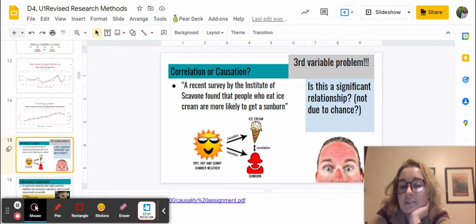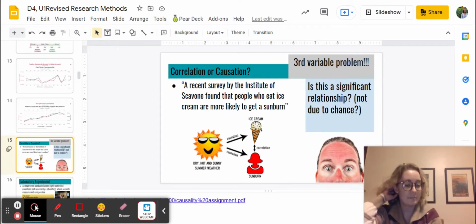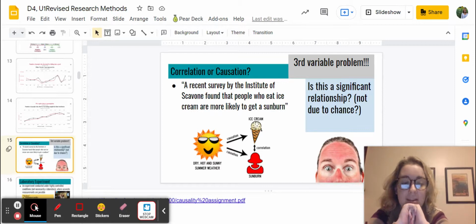So what we see here, an issue with correlation, is that sometimes we have something called the third variable problem. When you're trying to see if one thing is causing another, it might look like X is causing Y, but the reason why we need to have a laboratory experiment to make sure that that is truly the case, that X is causing Y, is to rule out any other variables.